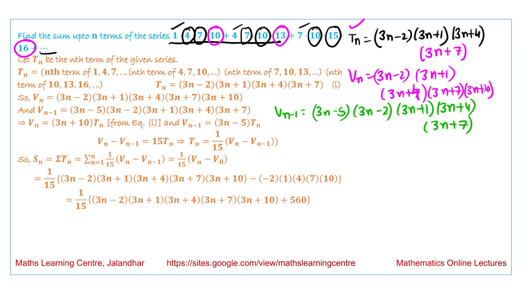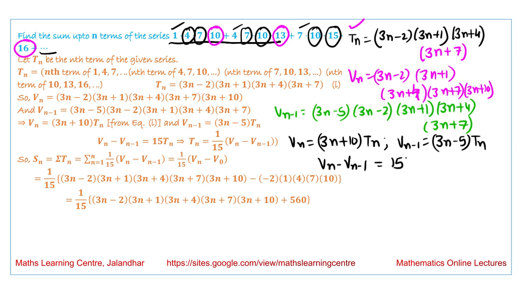So from these two values, Vn is equal to 3n plus 10 into Tn, and Vn minus 1 is equal to 3n minus 5 into Tn. If we calculate the difference Vn minus Vn minus 1, we obtain 15 times Tn. So the value of Tn we obtain is 1 by 15 into the difference Vn minus Vn minus 1.